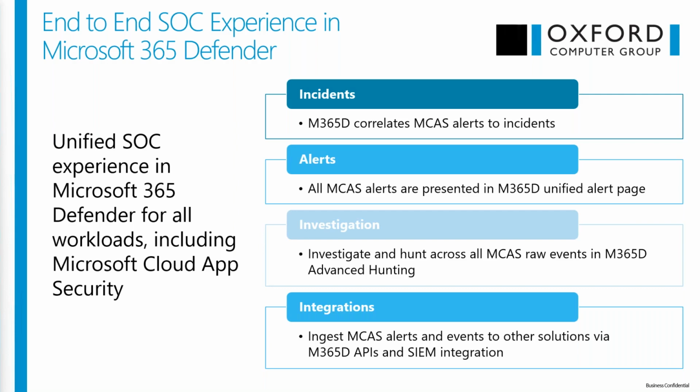You have Defender for Identity, previously known as Azure Advanced Threat Protection. All the ATP products are now the Defender products. You have Defender for Endpoint that you've deployed. And so you want to be able to have that unified experience. So integrating MCAS with those other workloads is going to be the best way to do that.